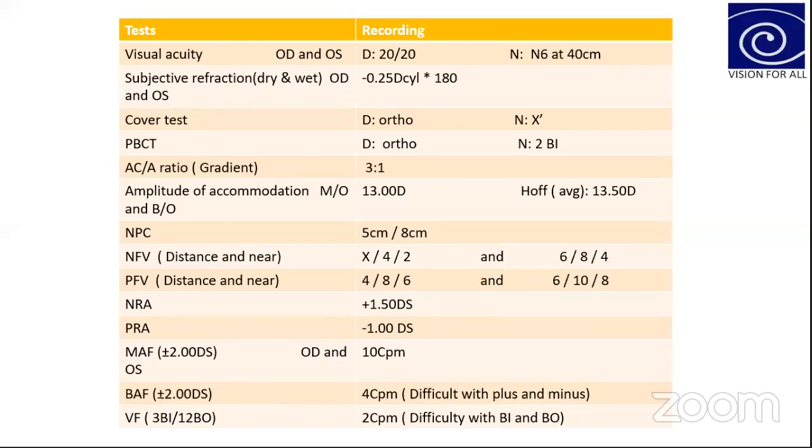The vergence facility was also poor, with only 2 cycles per minute, and difficulty with base out as well as base in prism. That is base in for the divergence and base out for the convergence. So let's see the diagnosis.